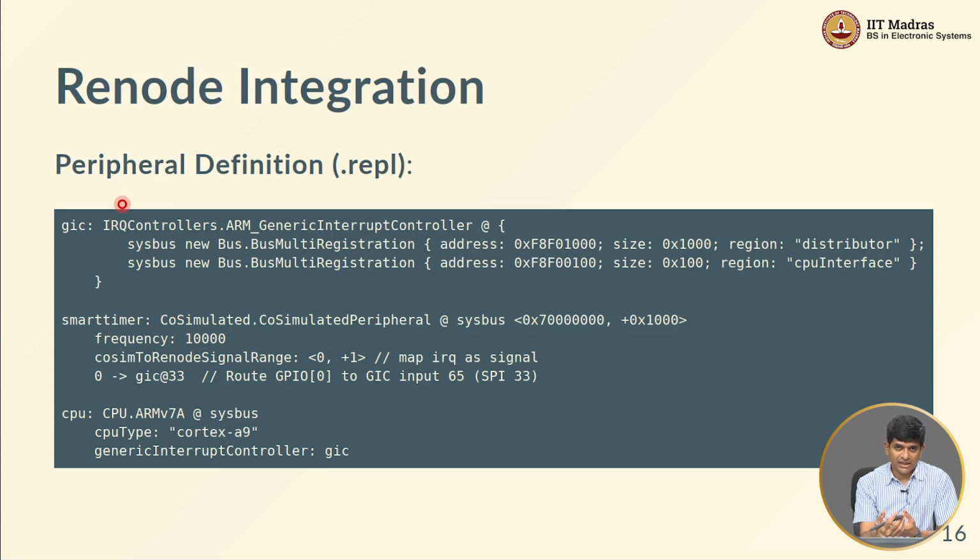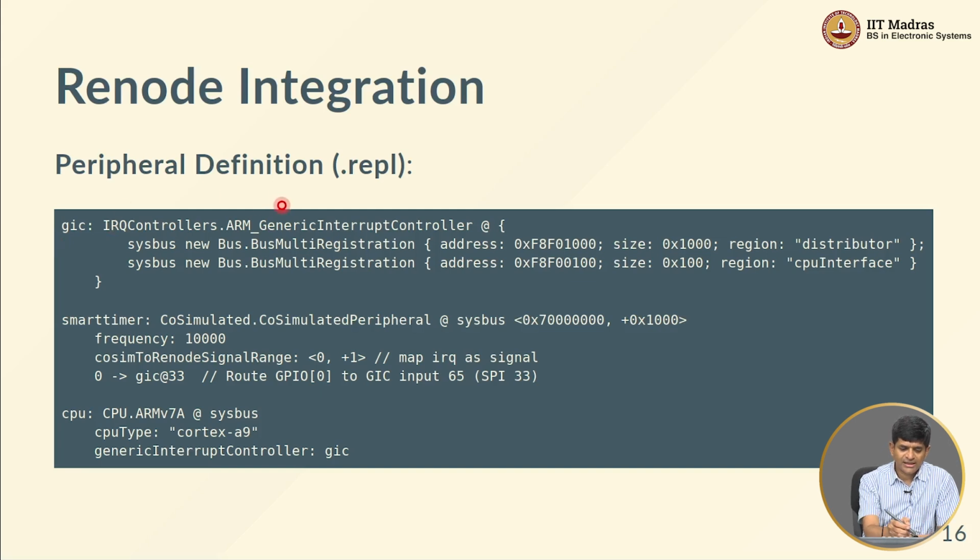So in other words, the people who created Renode have constructed a model of the ARM generic interrupt controller in software and have provided that to us as a package. So we are not at any point in Renode directly running RTL corresponding to a GIC or to the ARM processor, it is all being emulated through software.